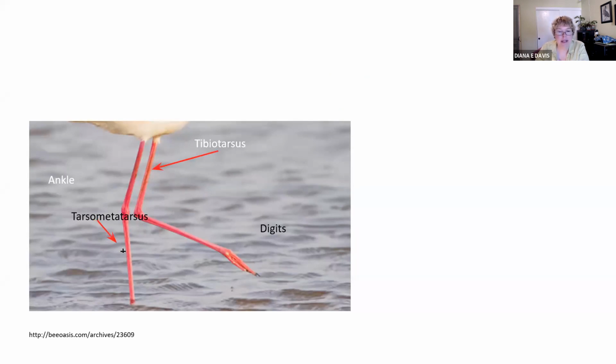The tarsometatarsus is what appears to be a lower bone. Digits are the toes, and the ankle is right there. So the knee is going to be up here, hidden underneath all those feathers. So make sure you write those words down.